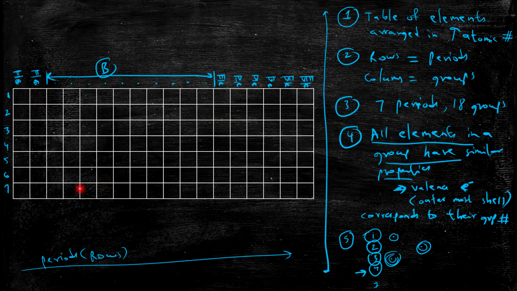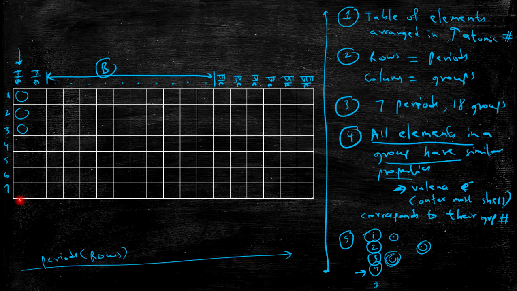Again, as a repeat of the information from a few minutes ago, remember all the elements belonging to one group will have similar properties. So this element here, this element here, this element here, all of them will have similar properties. And that means they have the same number of valence electrons in their outermost shell.